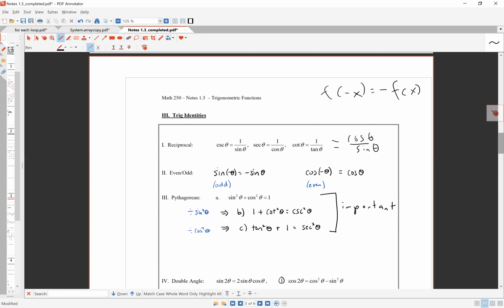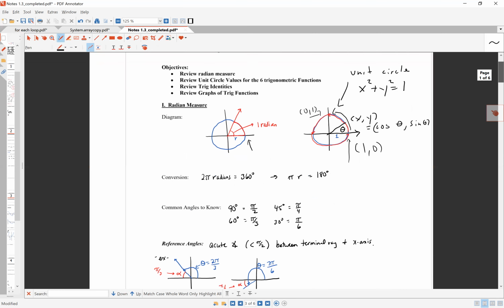Okay, so then here, I have that labeled important, the famous Pythagorean identities. Sine squared plus cosine squared equals 1, or sometimes you see cosine squared plus sine squared equals 1. It doesn't really matter. Remember, that just comes from up here. We know that the unit circle is a circle with radius 1, defined by the formula x squared plus y squared equals 1.